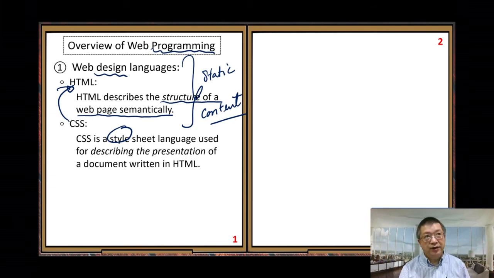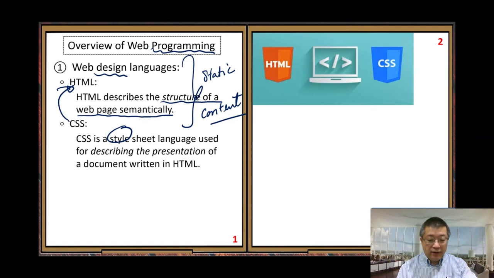That kind of content we call dynamic content. Static never changes: after the document is loaded into the web browser, the data never changes.